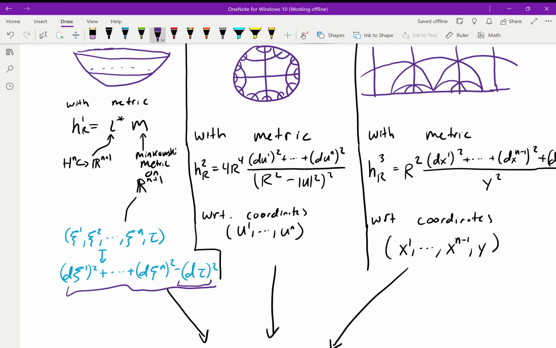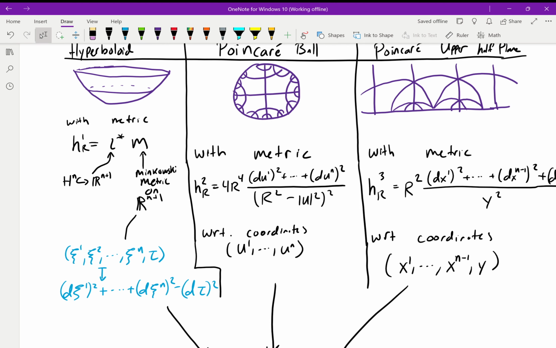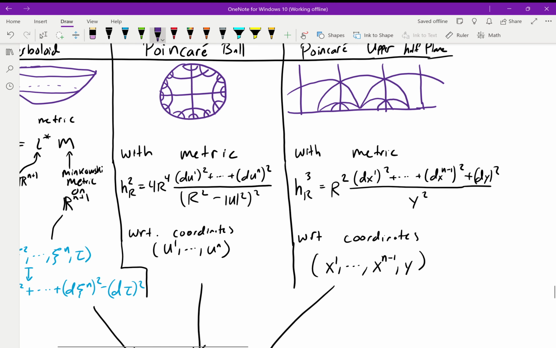While it's not clear that that's positive definite, it is, and we'll get to that later. Oh, I'm sorry, you mean the pullback. My apologies. The pullback is the Minkowski. And then for the ball and the half plane, you have these crazy things, which again look like the dot product, but with some added bells and whistles.